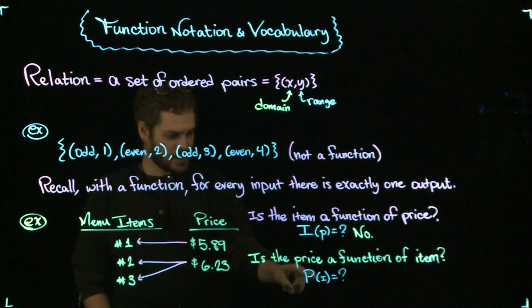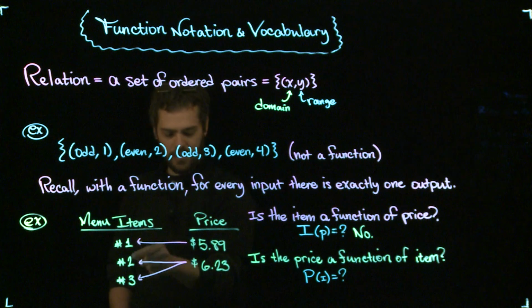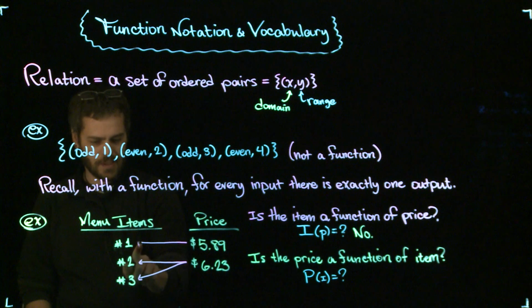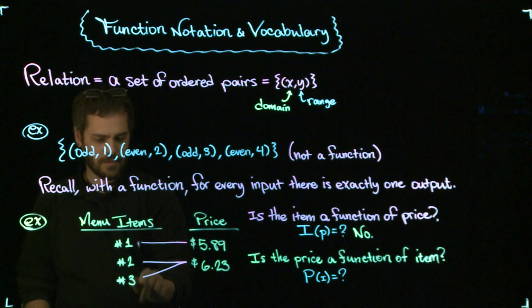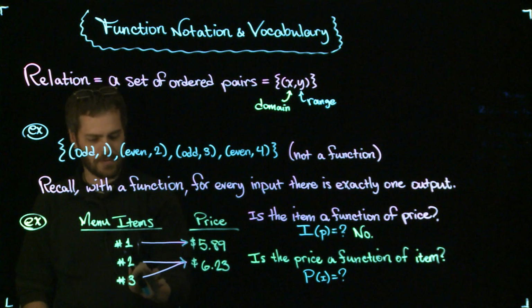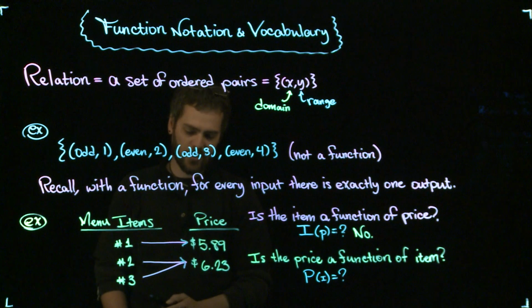Well, in this case, I'm asking the question a little bit differently. I'm saying the inputs this time are the items, okay? So let me turn these arrows around this way. Technically two arrows there. So in other words, do I have exactly one output for every input?